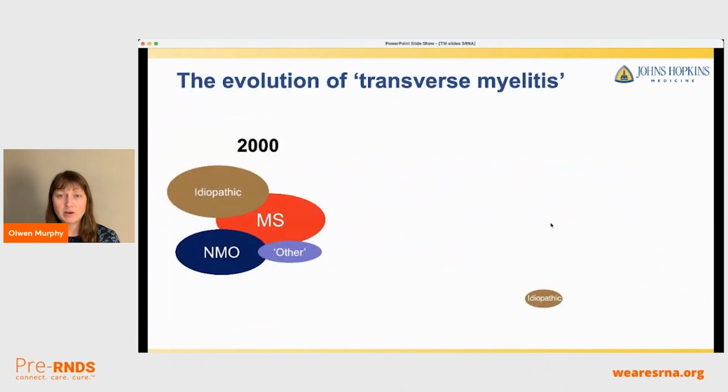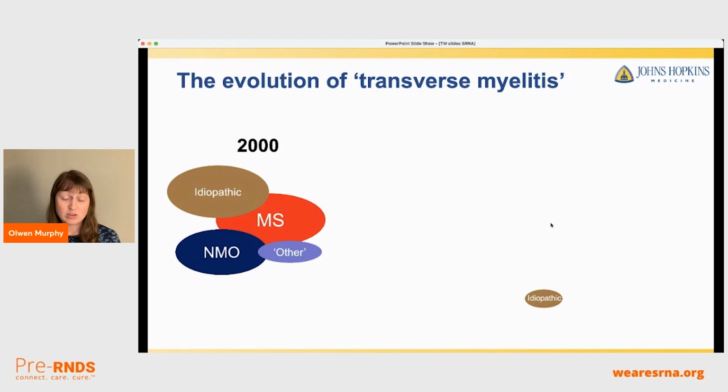So transverse myelitis is a term that's been around for a long time. It was sort of applied to many patients who presented in the past with spinal cord disorders. If we even think just 20 or 25 years ago, we had a very limited understanding of these conditions. There was an idea of idiopathic transverse myelitis, which is really the term used when we don't know what causes something.